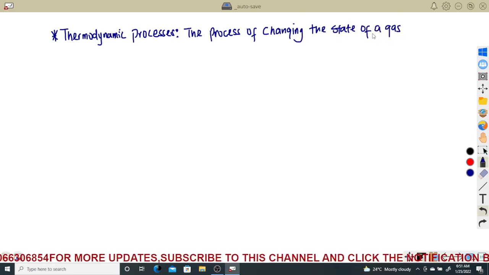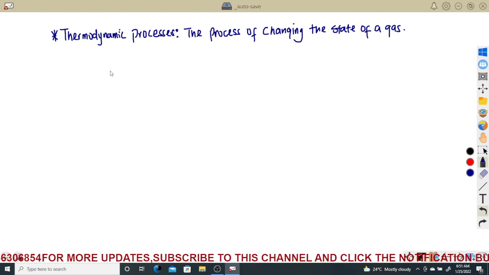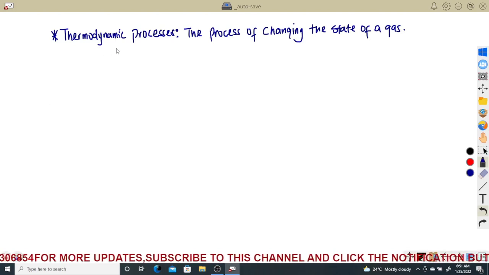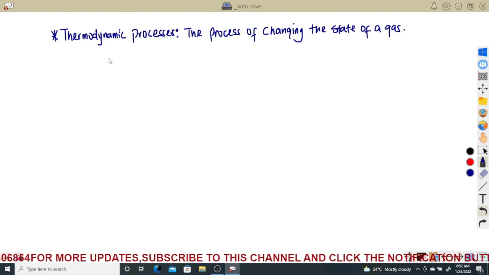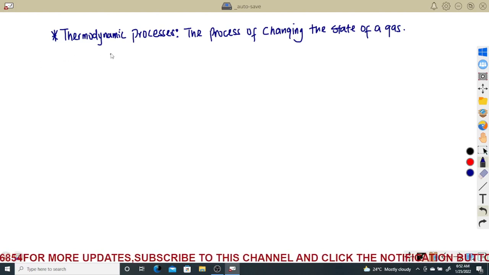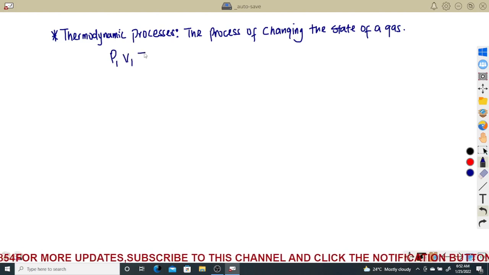So the process of changing the state of a gas is called a thermodynamic process. Like we've studied in KTG, kinetic theory of gases, we define the state of a gas with three parameters. Remember, the pressure, the volume, and the temperature.